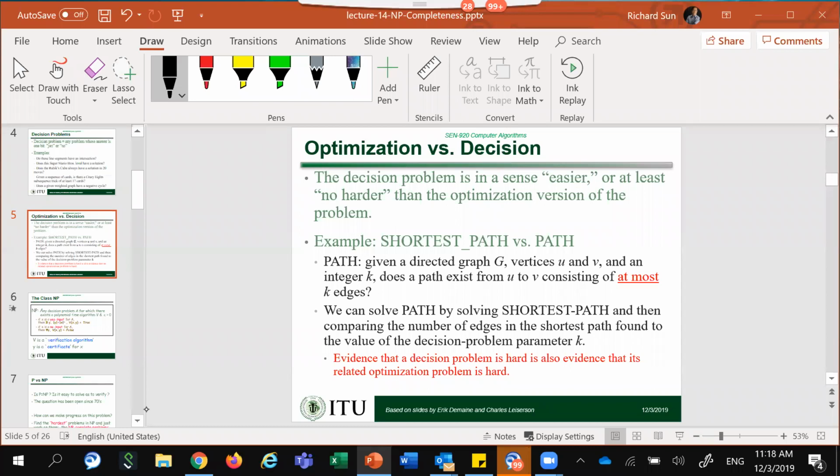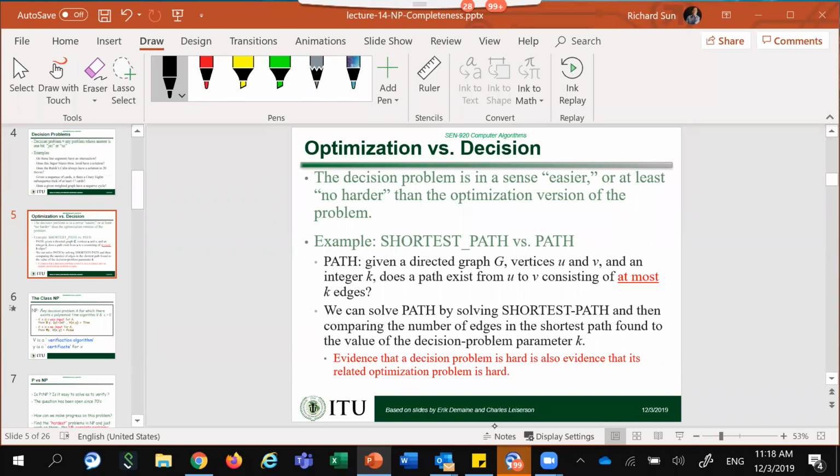If that number of edges is greater than k, the answer is no. So if we can solve the optimization problem, then we can solve the decision problem easily.